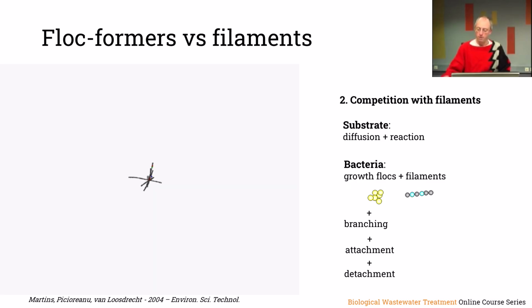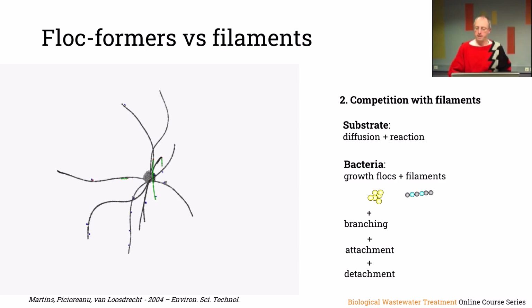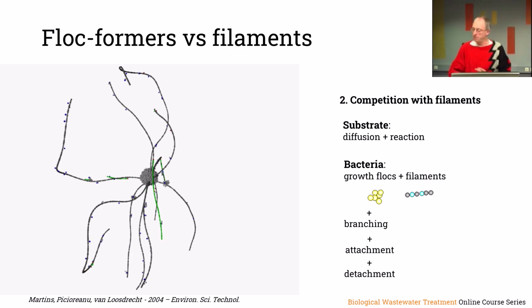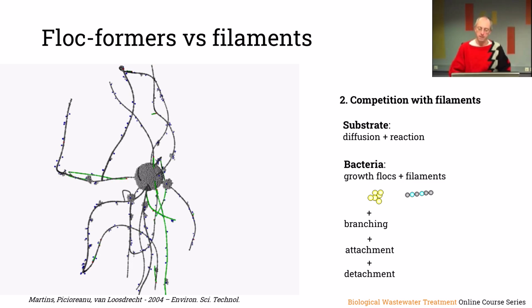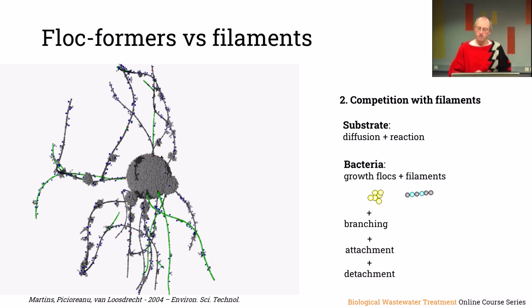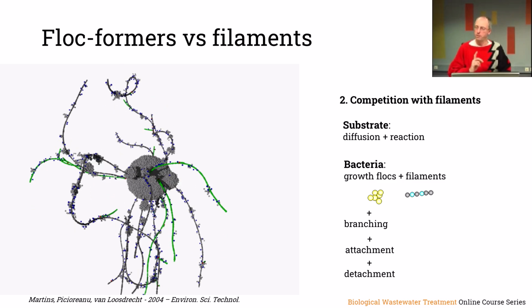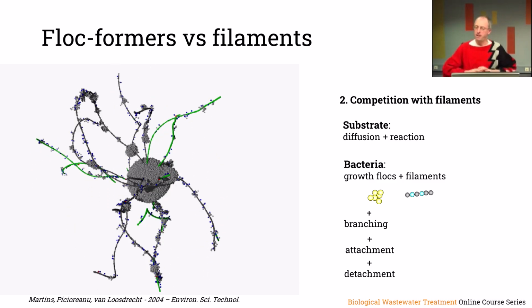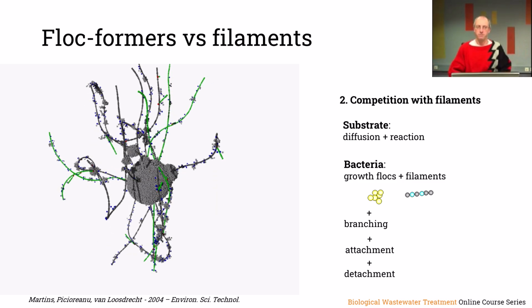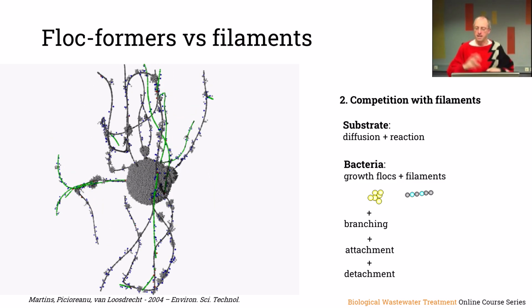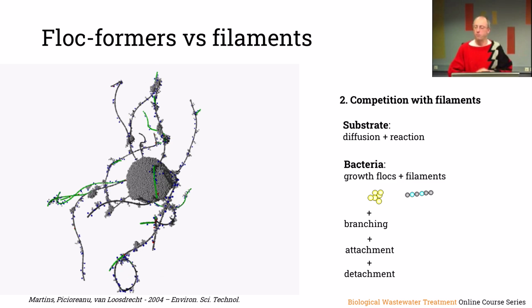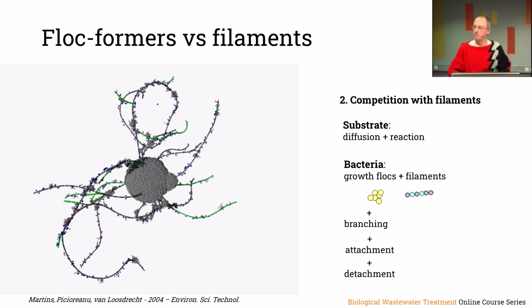Now if you include the filamentous bacteria in such a simulation, you do the same simulation again, but now with filamentous bacteria, then you see that these filamentous bacteria, because they only grow in one direction, very rapidly grow out of such a flock system, and you get attachment and growth and new colony formations at different parts of these filamentous organisms.